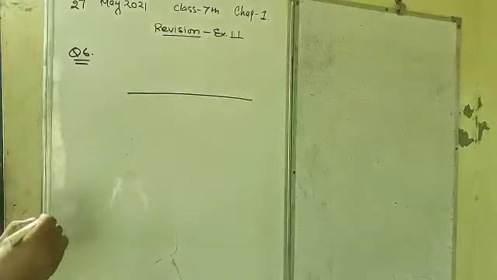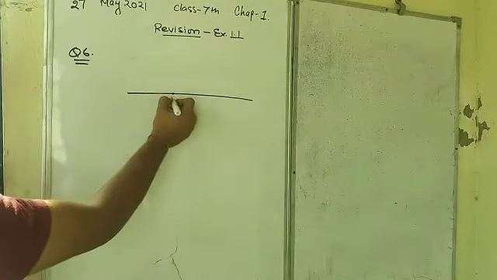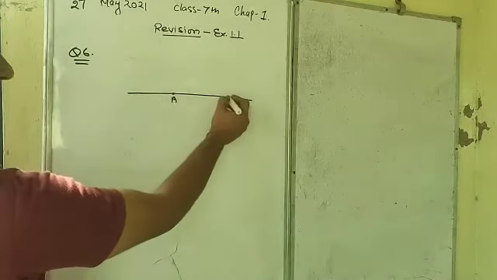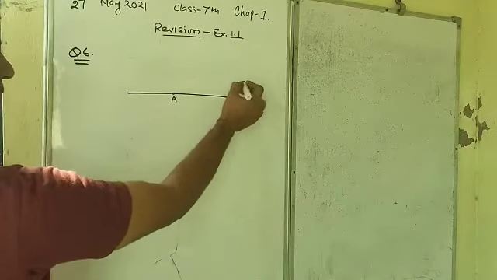So this is the starting point A. Rita moves A to B towards east.